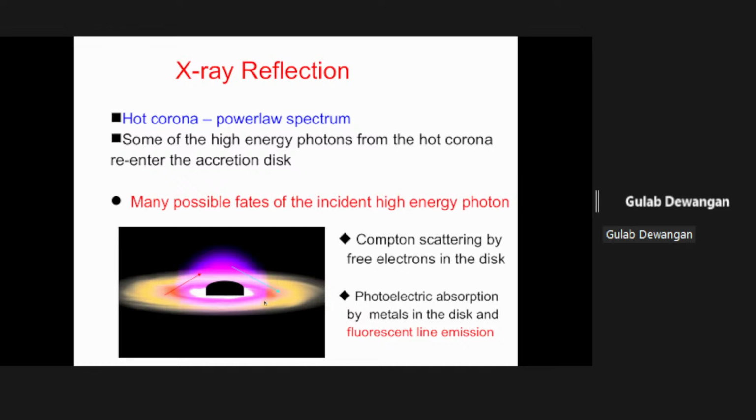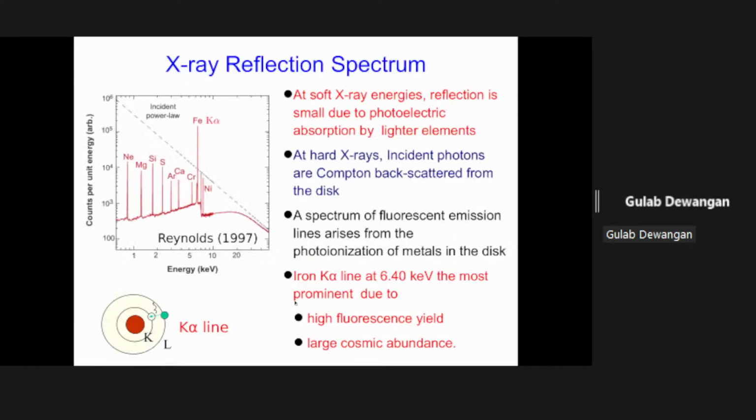And because the heavier elements in the accretion disk have bound electrons, these electrons will absorb the incident X-ray photons and get ejected through the photoelectric absorption process, and then they will also generate the fluorescence line.